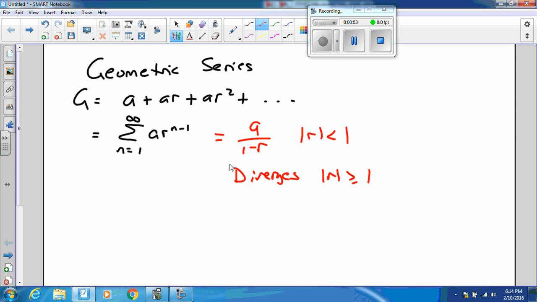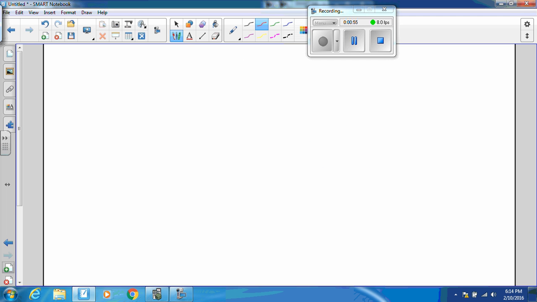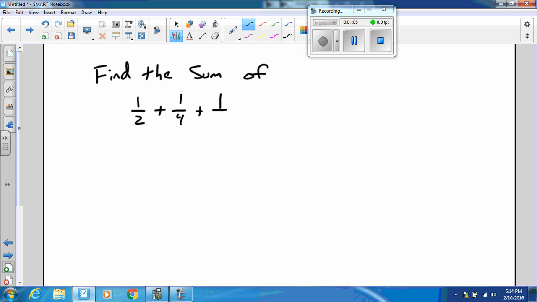And so I want to do two simple examples of this here. The first is: find the sum of 1/2 plus 1/4 plus 1/8 plus 1/16, etc. When we look at this sum, we first want to consider its type, and it's fairly clear that it is a geometric sum because as I go from term to term, each term is 1/2 of the previous term.